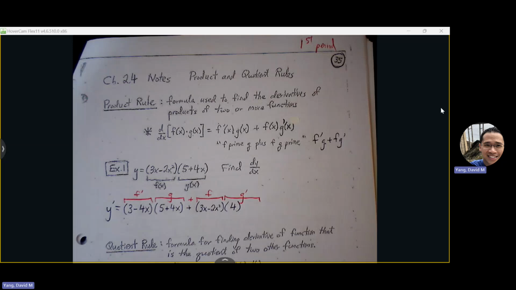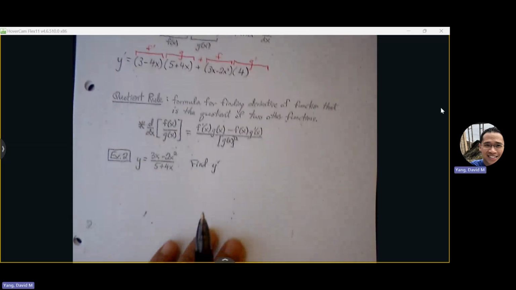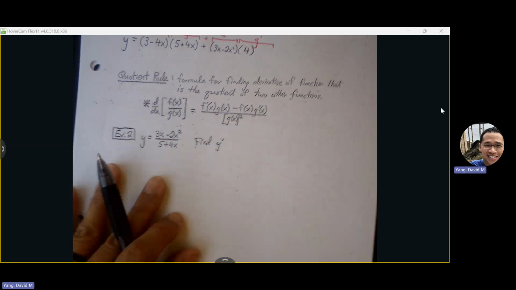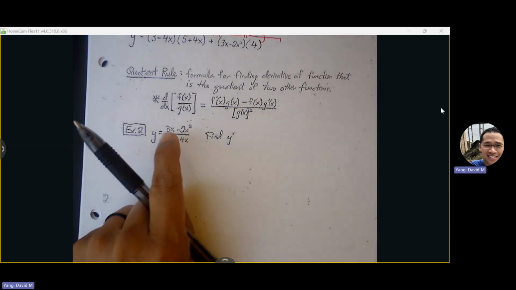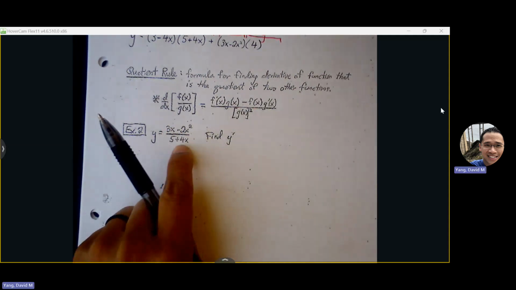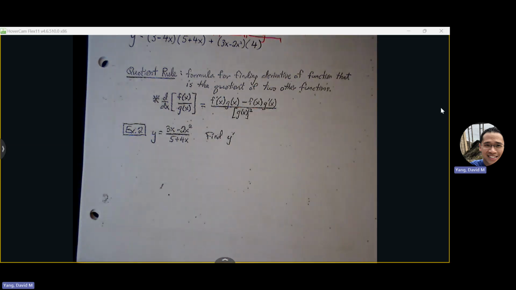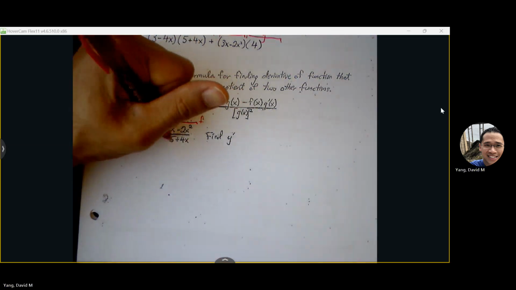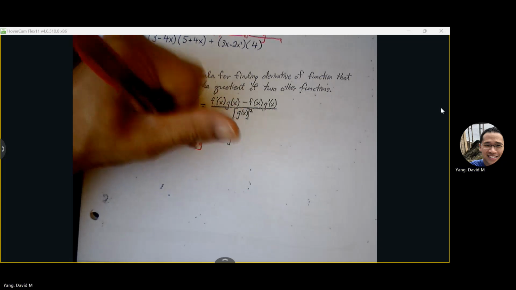So we're on page 35. Okay, so example 2, we have 3x minus 2x squared all over 5 plus 4x. Notice that these are two different expressions. They're being divided by one another. So we're going to call this portion f and call this portion g.